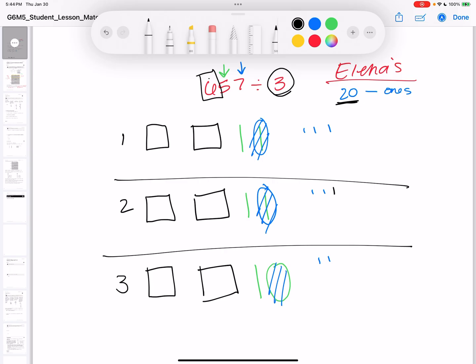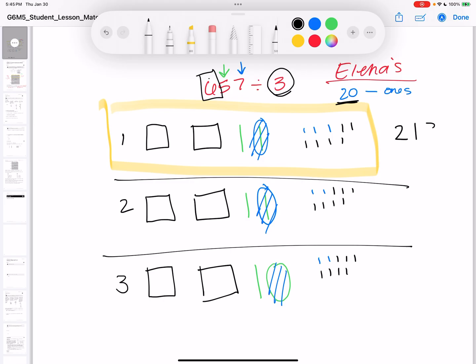So here we go. 1, 2, 3, 4, 5, 6, 7, 8, 9, 10, 11, 12, 13, 14, 15, 16, 17, 18, 19, 20. And they evenly split. So we look at one group, the one group, to see what our answer is. So we have 2 hundreds, we have 1 10, and we have 9 1s.